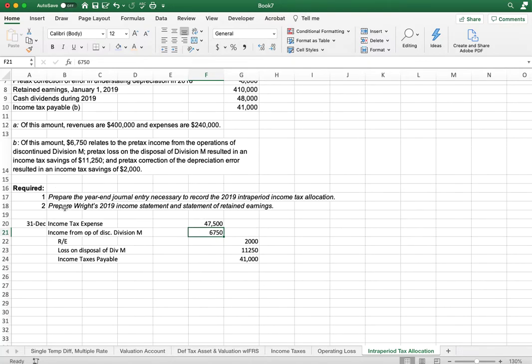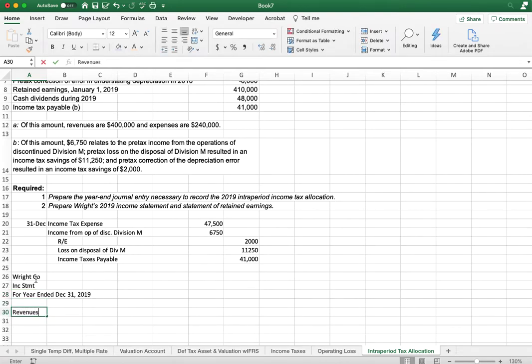Part 2 says to prepare the income statement and the statement of retained earnings. So we have the Bright Company income statement for the year ended December 31st, 2019.